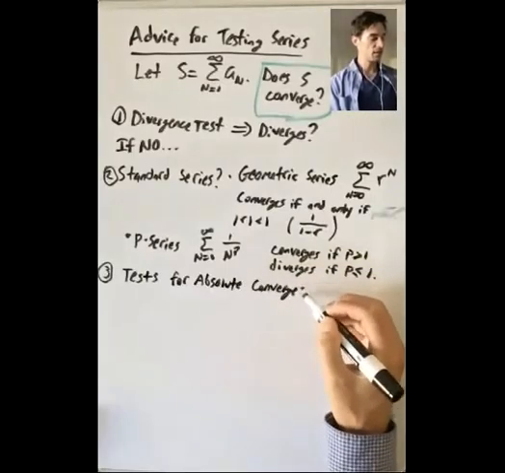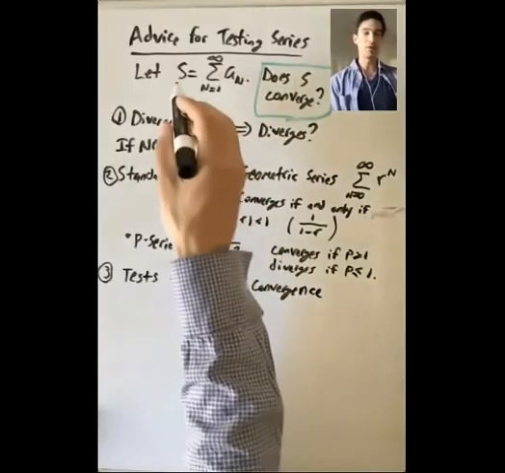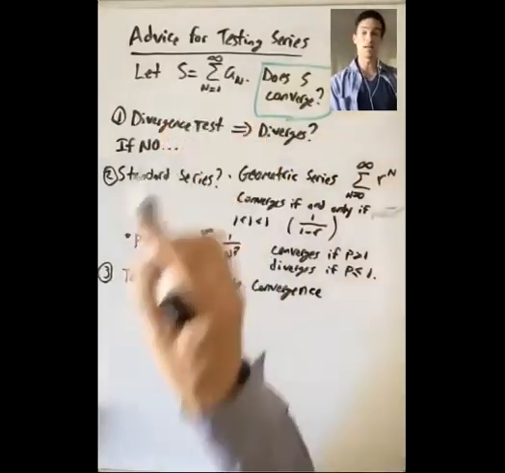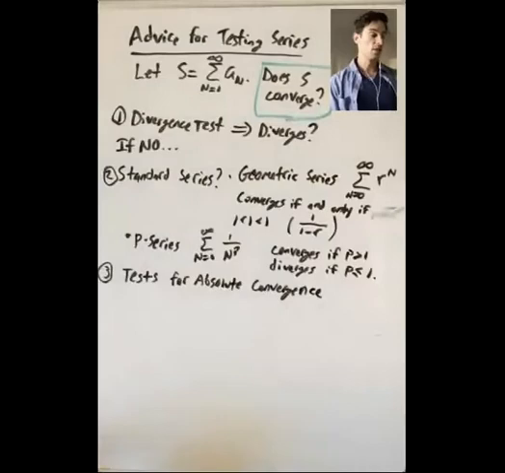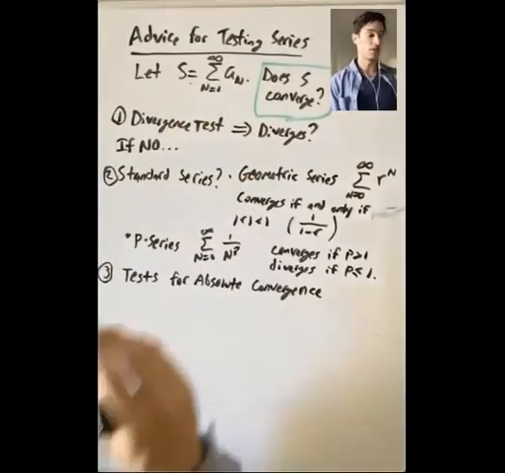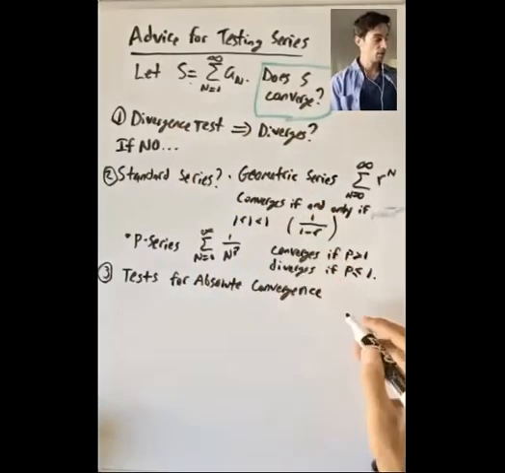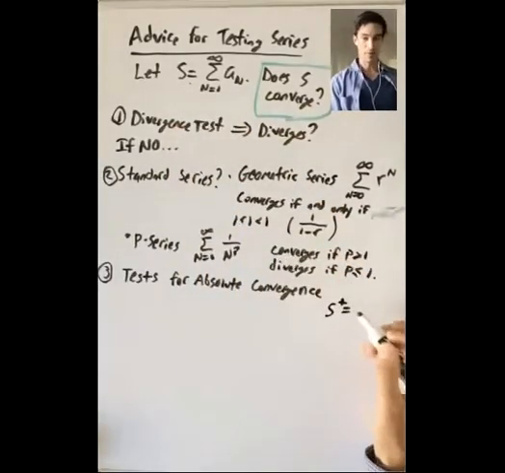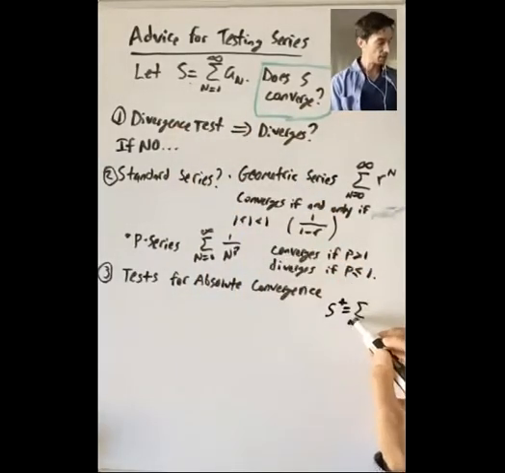Because sometimes you'll be asked not only whether S converges, but whether S converges absolutely, which means S converges, but also the series you get by putting in absolute values around the a_n's converges.